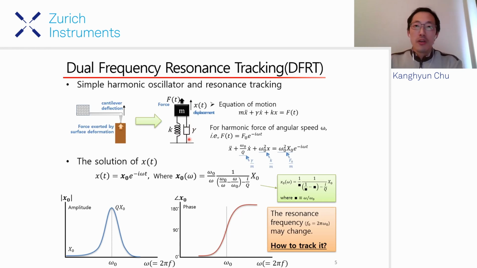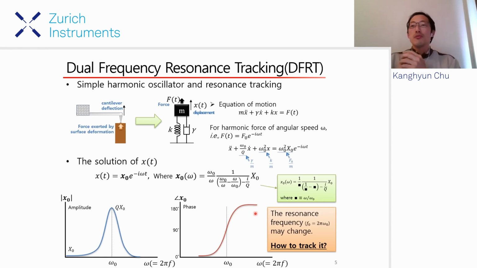If we write the equation of motion and solve the particular solution when an external sinusoidal driving comes in, we can write down the amplitude of this motion as in this equation. And if you plot this equation, you have a Lorentzian-shaped peak, and the corresponding phase goes from 0 to 180 degrees.